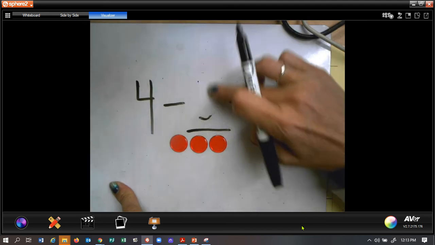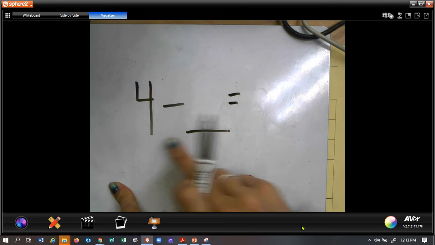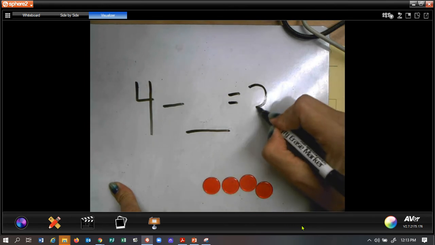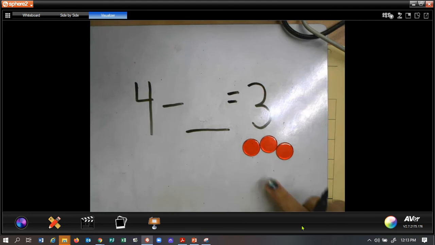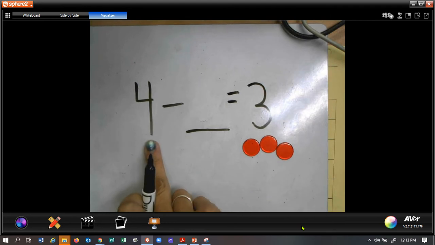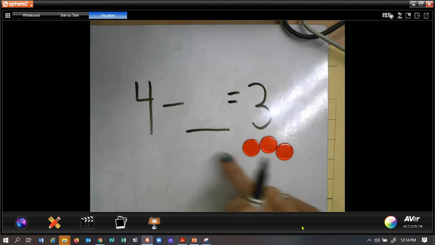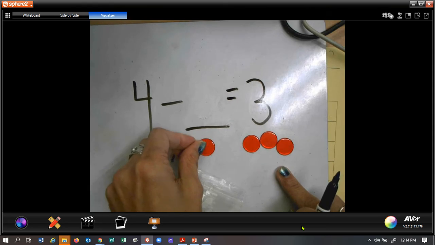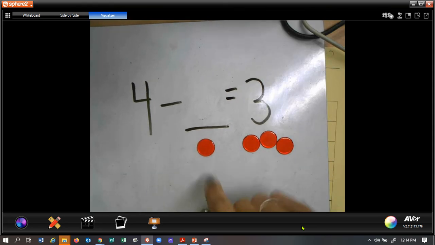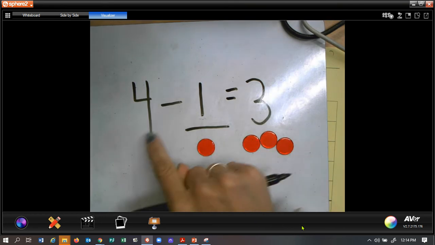Let's say that I have 4, I take some away, and now I only have 3 left. I have to have 4 altogether because that's my whole. How many more do I need to make 4? I have 3, 4. I just need one more. 3 plus 1 is 4.